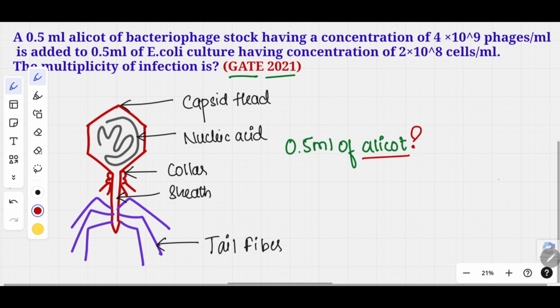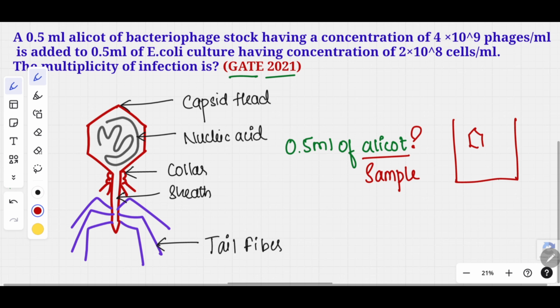What does aliquot mean? An aliquot is simply a sample. This is a sample that is taken from a huge portion. For example, there's a huge portion of these bacteriophages.